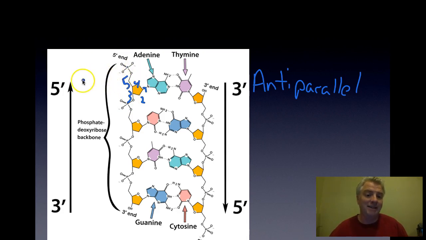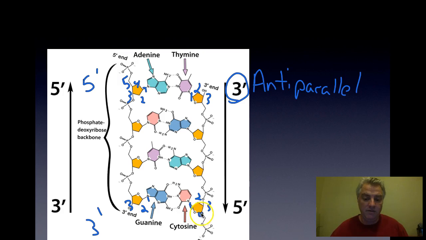So that makes this the 5' end on that strand of DNA. And down here, that's carbon 1, this is carbon 2, there's carbon 3, and it's on the bottom, so this is the 3' end. Same way over here, this is carbon 1, carbon 2, carbon 3, making that the 3' end. And down here we have carbon 1, 2, 3, 4, and right there is carbon number 5.